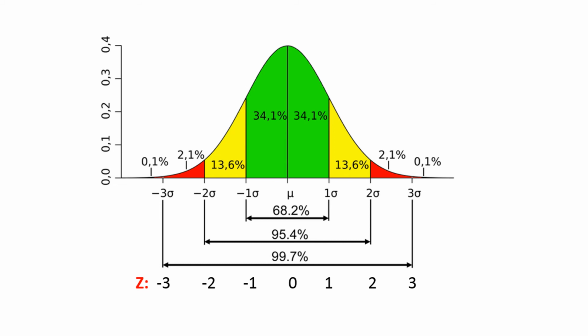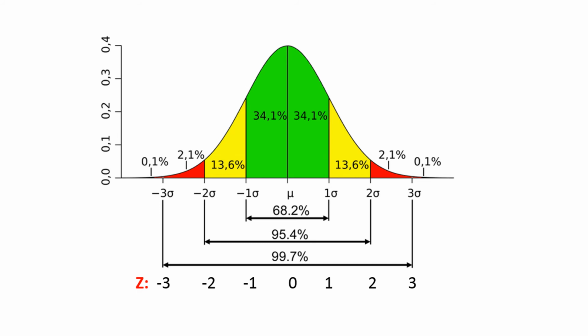So a z-score and a standard deviation are very similar in the sense that you can put z-score instead of standard deviation in your interpretation. You convert your raw score into a z-score, and then you look at this figure and you'll see where you stand in comparison with the rest of the population in the data set.